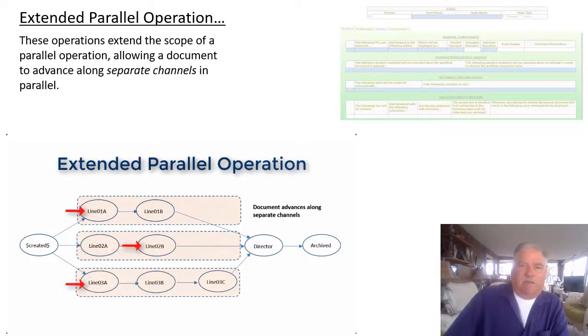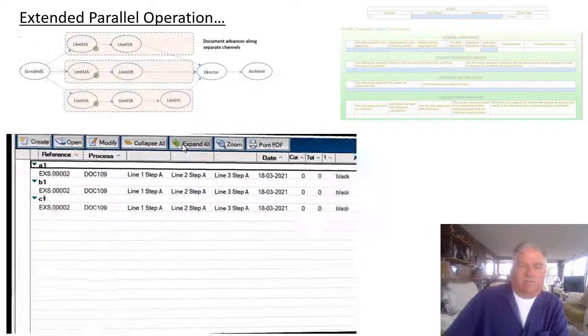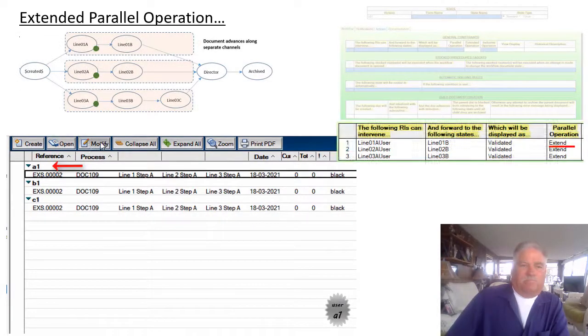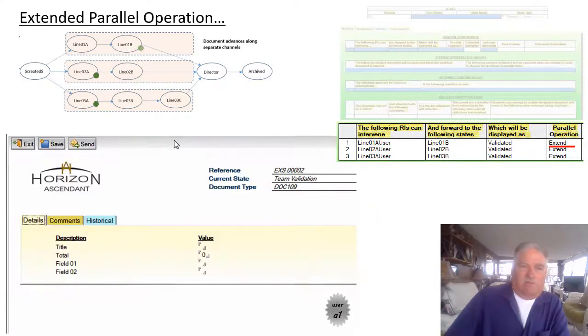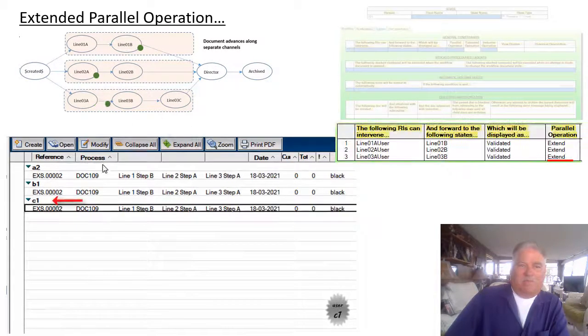In an extended parallel operation, a document can move forward independently along different channels. I do believe this is an innovation with this particular workflow tool. So here I have the graphic up on top to help follow along with what's happening in the application on the bottom, with the definitions on the right.